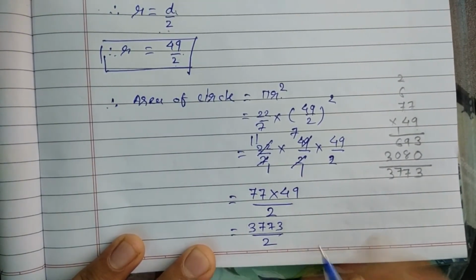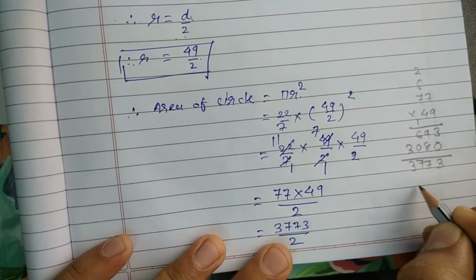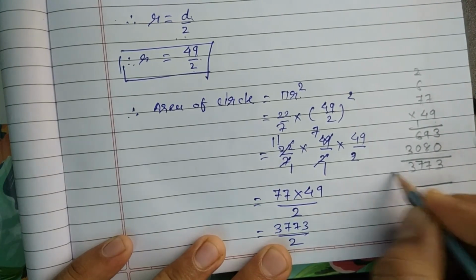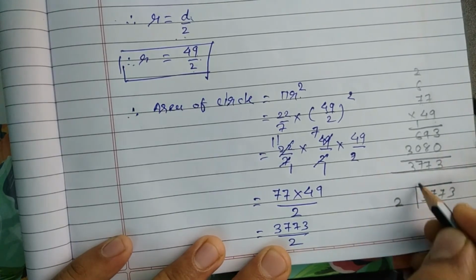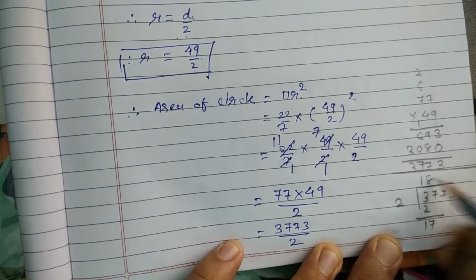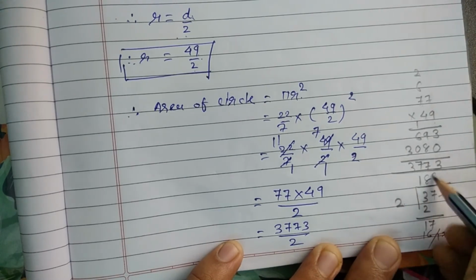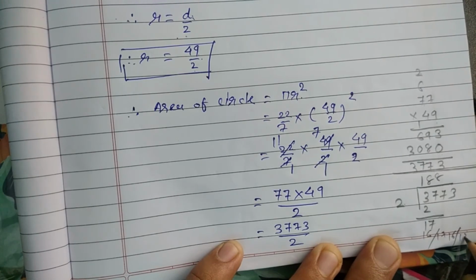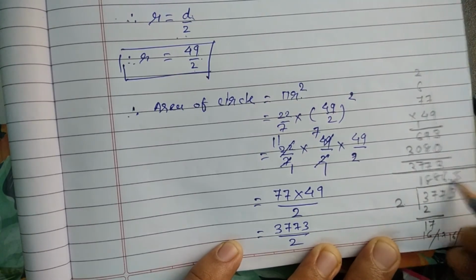3773 divided by 2. Here we will do this division. 3773 divided by 2. 2 ones are 2, 1 7, 2 8s are 16, 1 and 7, 2 8s are again 16, 1 and 3, 2 6s are 12, and then 1, so point, and 10, so 5.